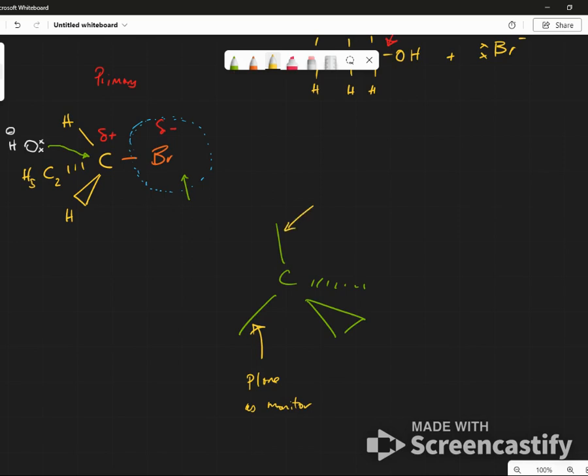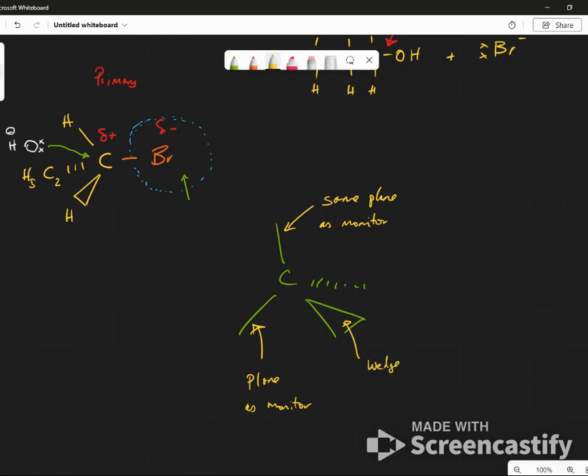This full line means it is on the same plane as the monitor. All right, are we okay with that? Those 2 full lines mean they're on the same plane as the thing you're looking at it on.